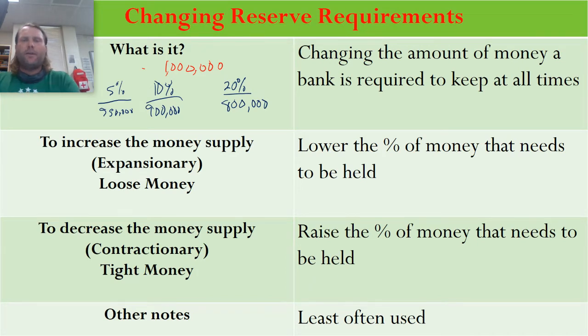To expand things, we're going to lower the percentage. I'm going to get more bananas, so I've got to sell more of them. I've got to lower the price. Less bananas, less money. I'm going to raise the reserve requirement, and I'm going to obviously have to raise my price so everybody can get the stuff that they need, or want, and I can increase my revenue with less product.